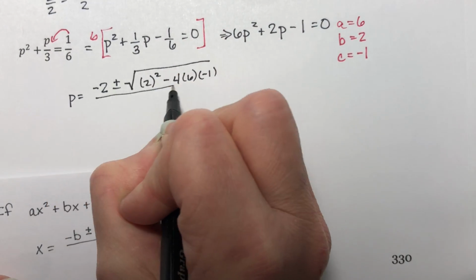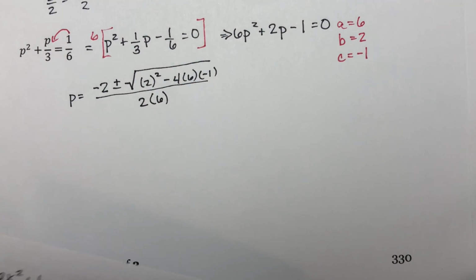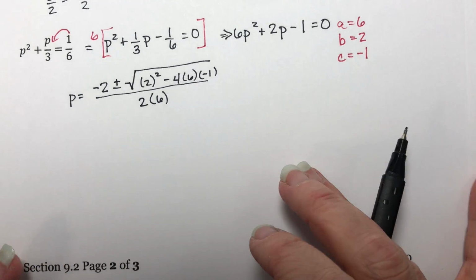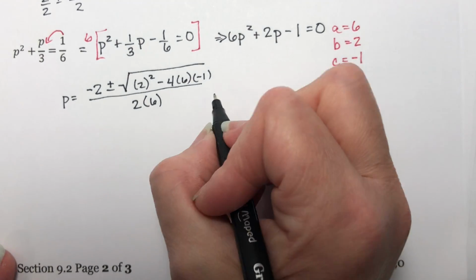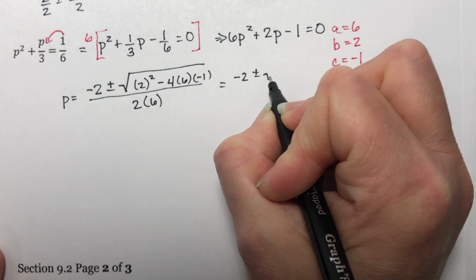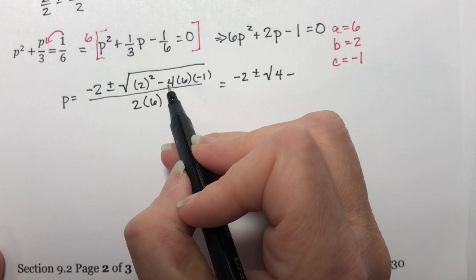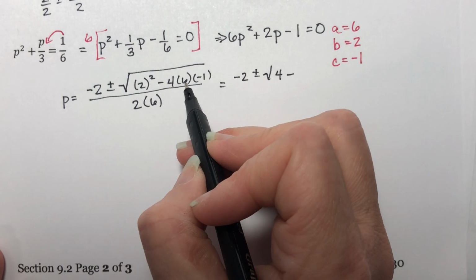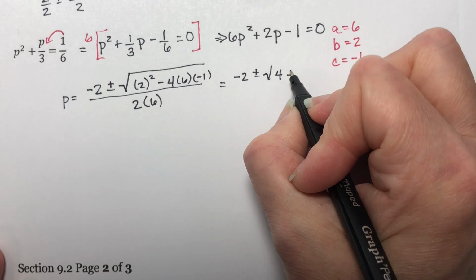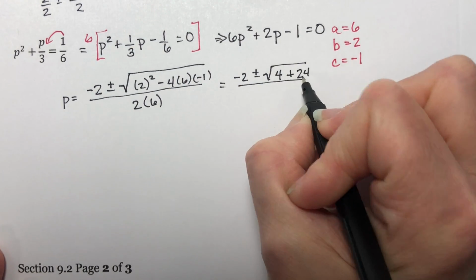And this is all over 2 times a, and a is 6. Okay, now start simplifying, and you have negative 2 plus or minus the square root of 4 minus 4, that's going to be 24, it's going to be negative 24, so this becomes plus 24. And this is over a 12.